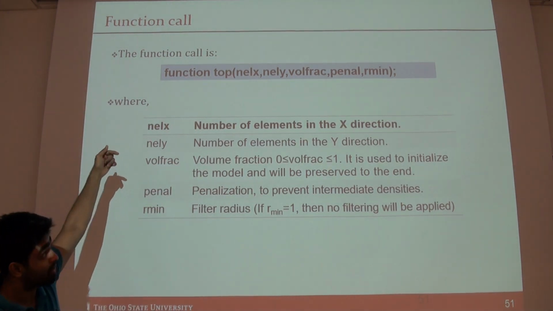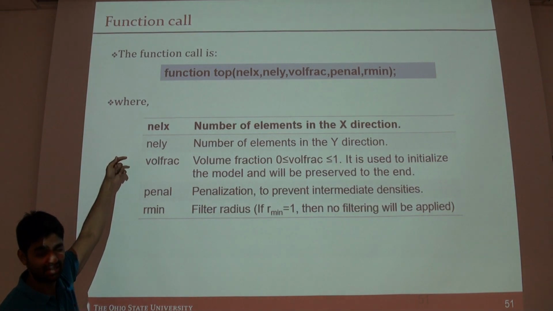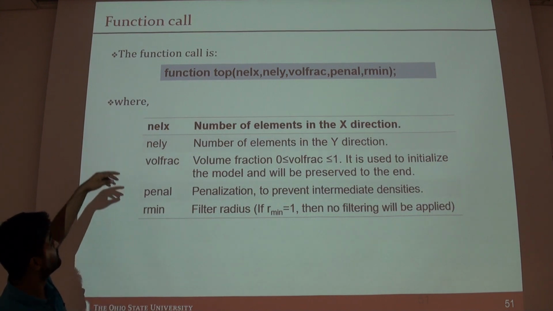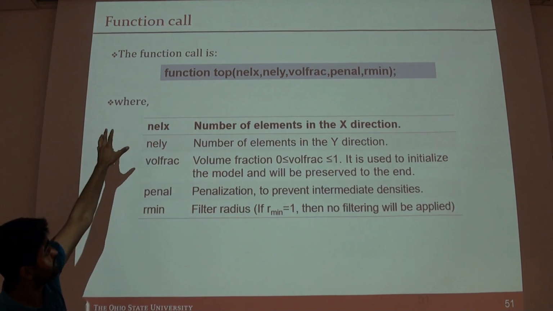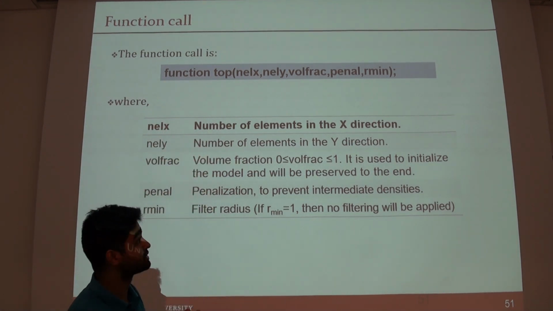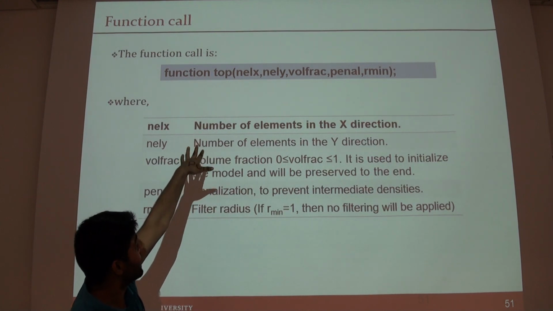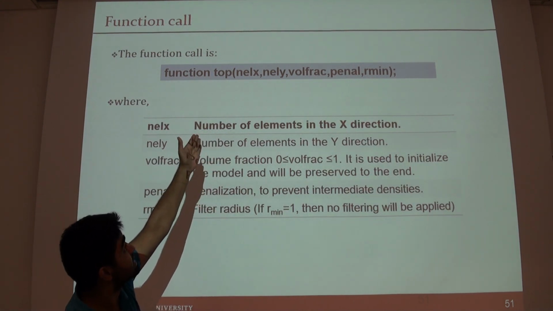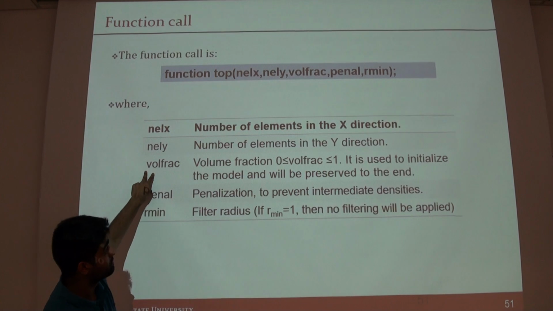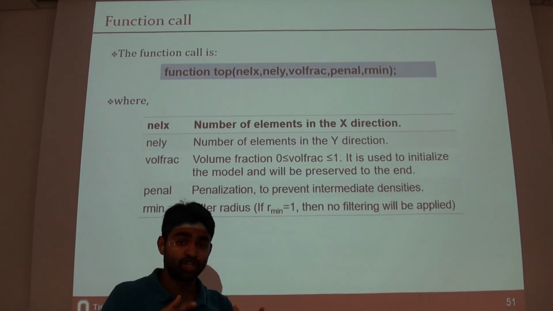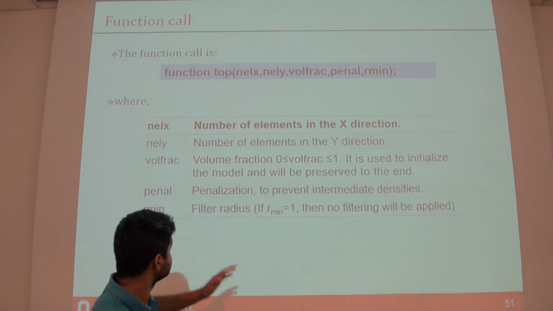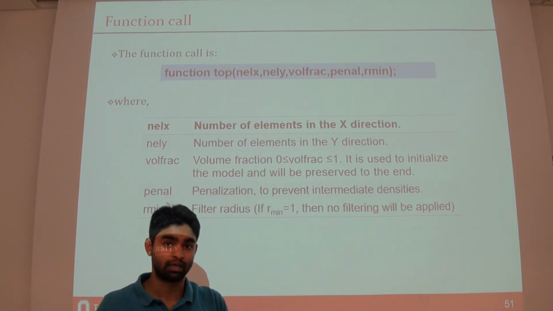So in MATLAB, the code that we are using is called a 99-line code, primarily because the code consists of 99 lines of code. So the function call looks something like this: the function called top consists of 5 parameters. The 5 parameters being nelx, number of elements in x, nely, number of elements in y, volume fraction being the initial density guess that we assume that the structure would be having, and this volume fraction is maintained throughout the structure.